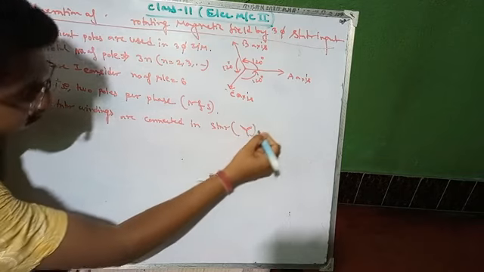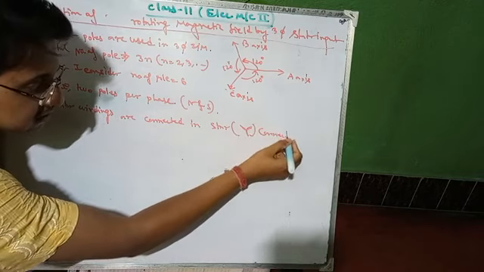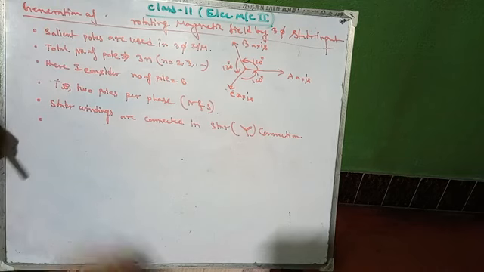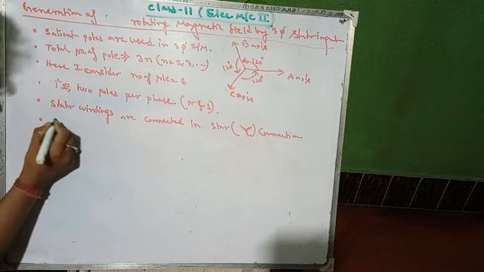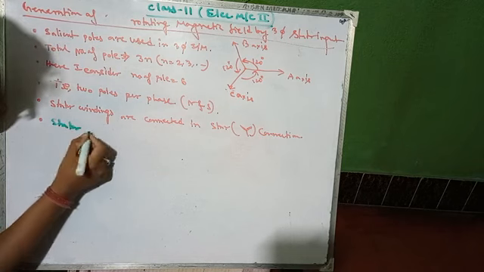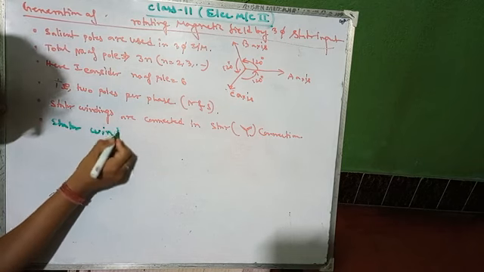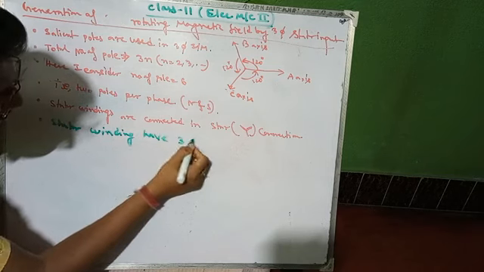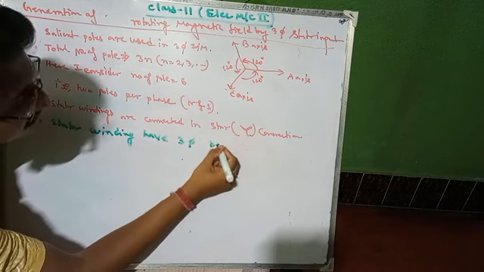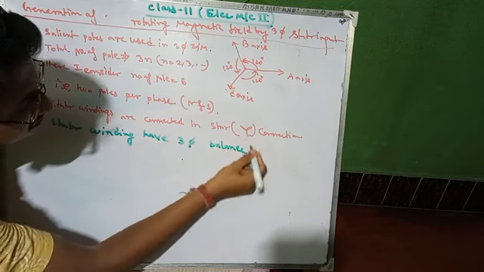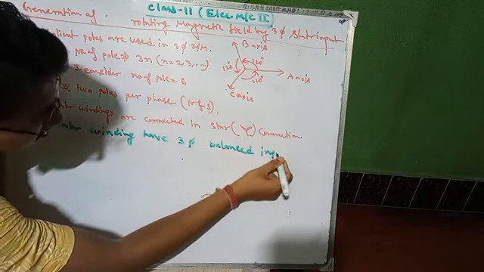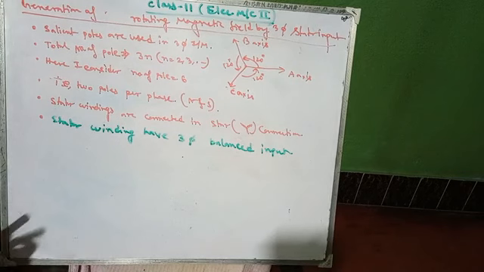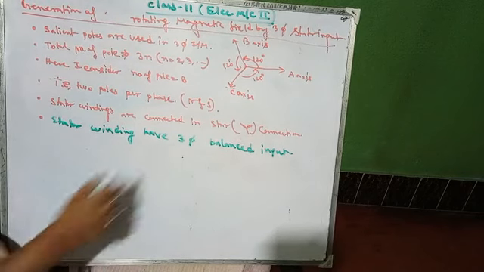And the stator winding has a 3-phase balanced input, which is very important for the generation of the rotating magnetic field. That's why I have written it in another color.